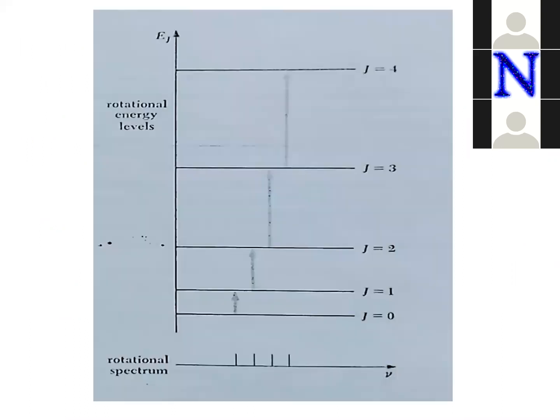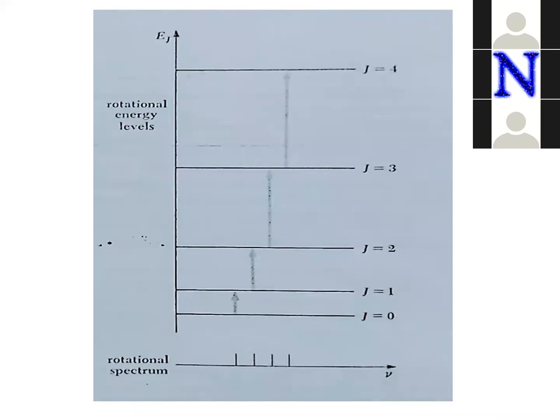You can see here, I hope you can see the diagram. So here J is equal to 0. The bottom horizontal line, not the bottom-most one labelled mu, but the one above it, is J is equal to 0. J is equal to 0 corresponds to the rotational energy ground state.